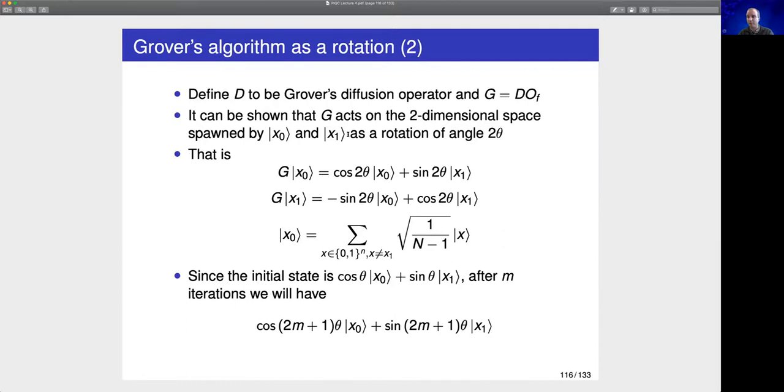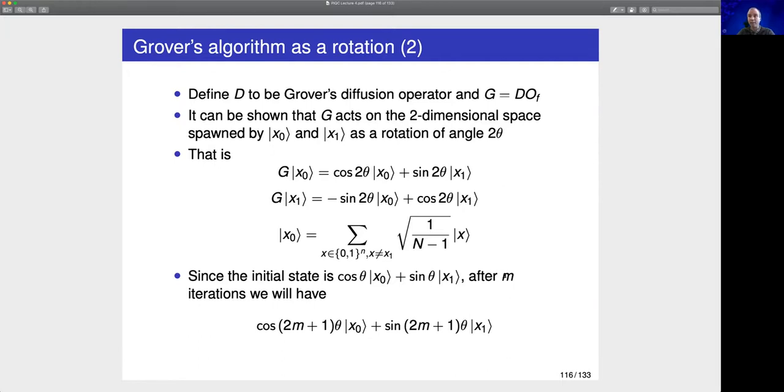So now I consider just the two-dimensional space that is formed by the vectors that are combinations of x0 and x1. And if I consider the action of this operator, I can see that it acts as a rotation of angle 2 theta. Okay, here you have the complete expression of that rotation. But the idea is that every time that I apply this operator, I'm rotating the state by this angle 2 theta.